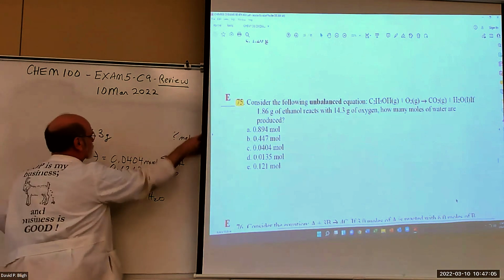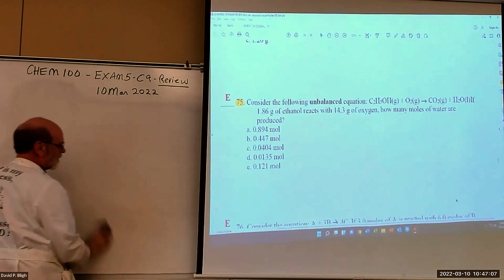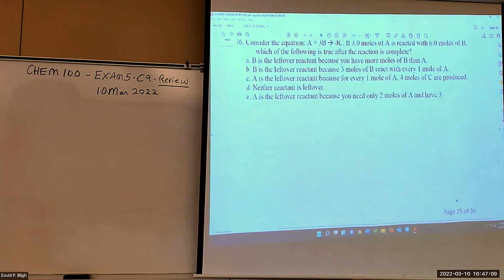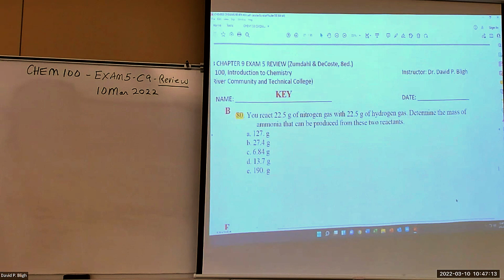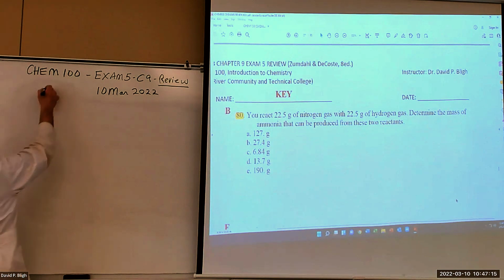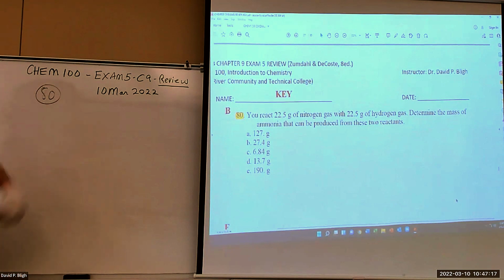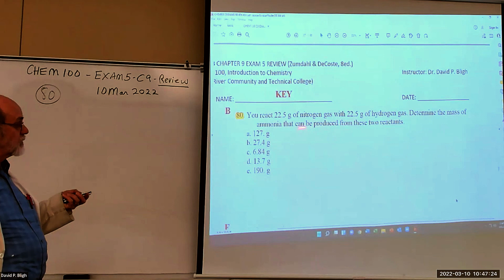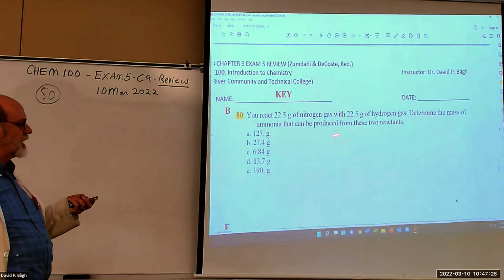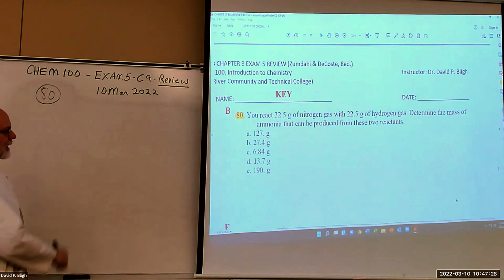I want to be sure we finish before the time runs out. 80. 22.5 grams of nitrogen with 22.5 grams of hydrogen. Determine the mass of ammonia that can be produced from these 2 reactants.